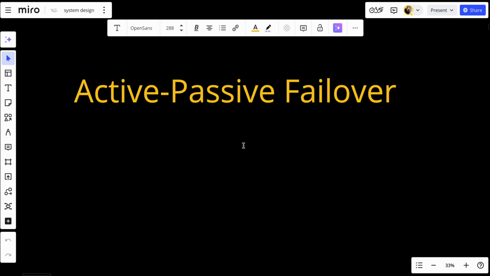If the primary component fails, the backup becomes active and takes over. For example, in a web application, you might have a primary server actively handling all user requests and a secondary server on standby. If the primary server crashes, the standby server takes over. This switch is called failover.